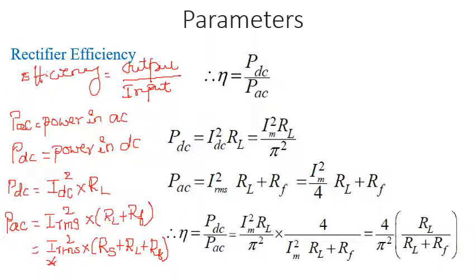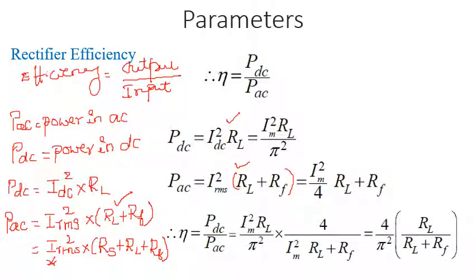Here I have not considered the transformer secondary resistance, so I have written PDC as IDC square into RL and PAC as IRMS square into RL plus RF.